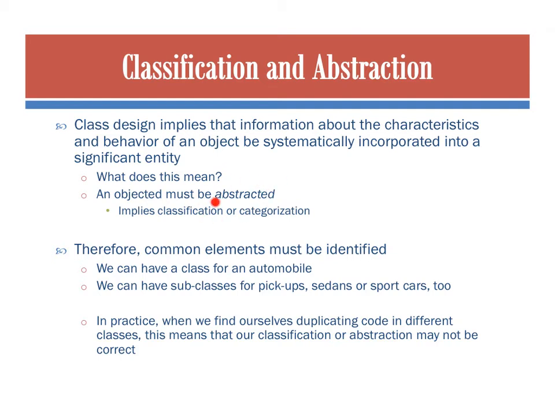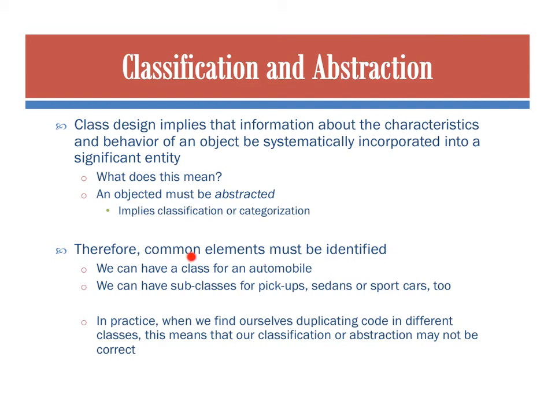We have to create this abstraction, and this abstraction implies that we're classifying or categorizing. And as you'll see later on, this classification in the design of classes, or this categorization, relies heavily on our capacity as humans to abstract concepts and to have these abstractions and these classifications of our different concepts.